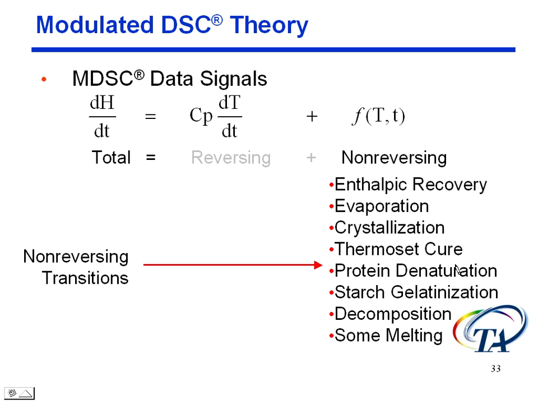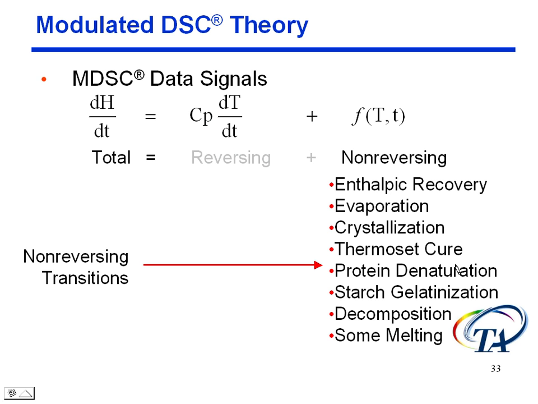Non-reversing transitions. You can see there's a lot of things that come into non-reversing. Enthalpic recovery. Now this is that little endothermic peak that occurs at the glass transition. That would tend to show up in the non-reversing curve. Evaporation or volatilization, where you have water coming off or a solvent coming off.